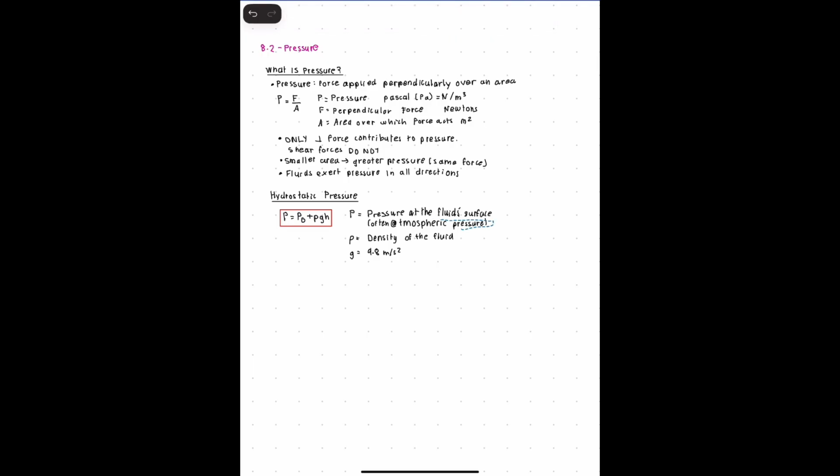Let's move this over a little bit. Let's make this A. And h is the depth below the surface.